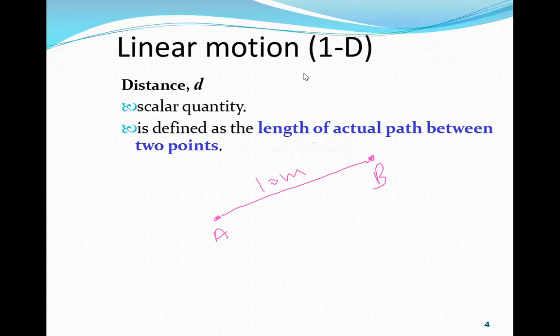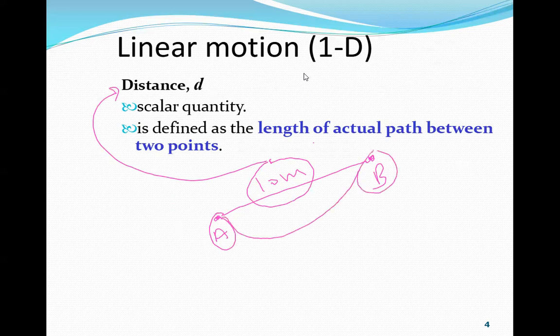If someone says that we have a 10-meter distance, but if someone tells us from A to B, we have 10 meters, then it is not a distance here.